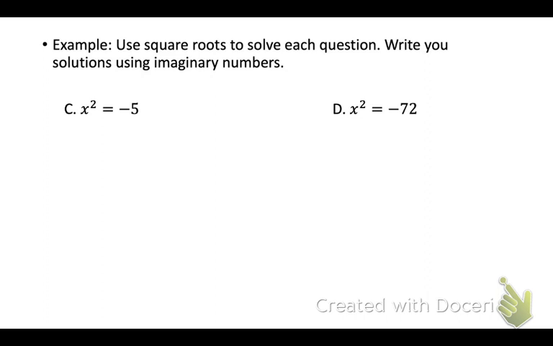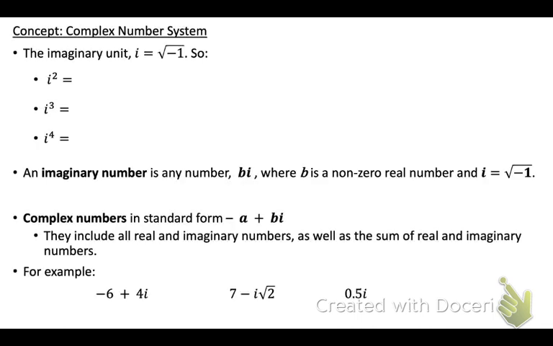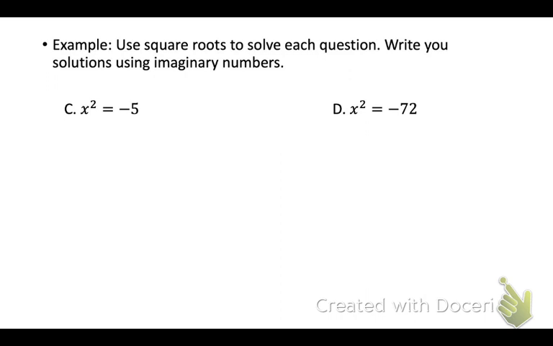So using the square root to solve the equation, write your solution using imaginary numbers as needed. i stands for i is equal to the square root of negative 1. It is an imaginary number. That's probably why they use i, but i doesn't stand for imaginary number. i is a replacement of the square root of negative 1.